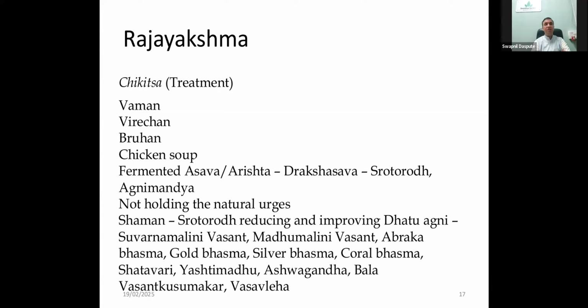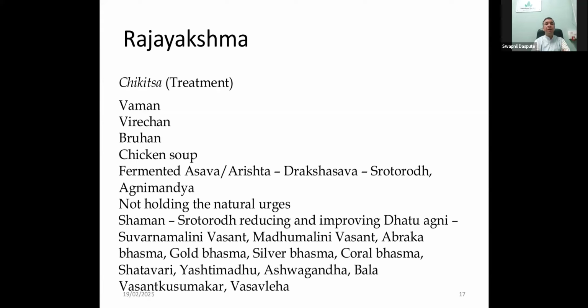Chicken soup is advised even if the patient is vegetarian. Here, by vegetarian we refer to, very few people would be vegans here, but vegetarian.